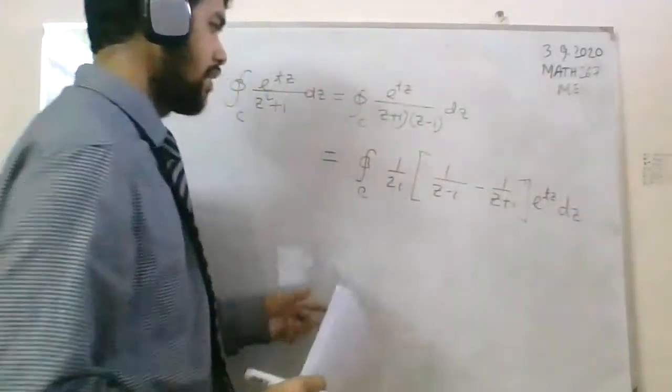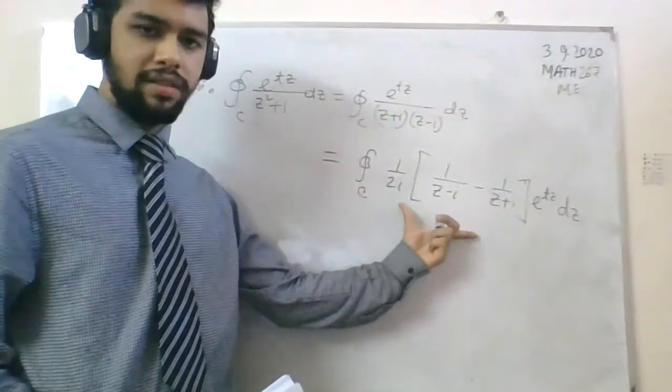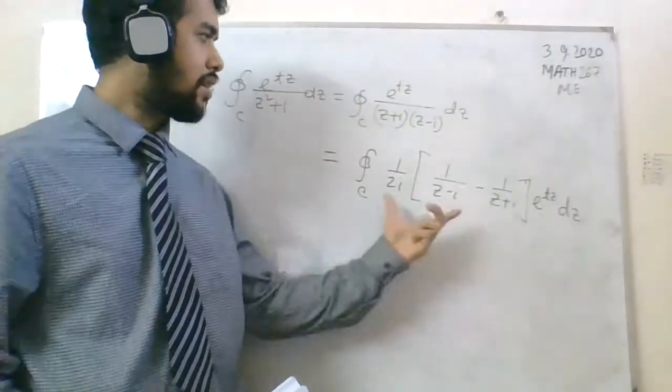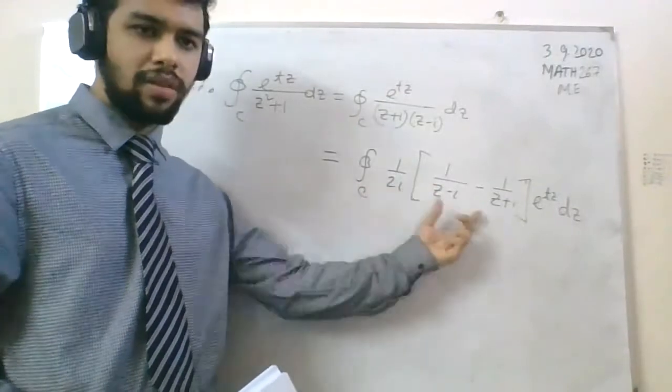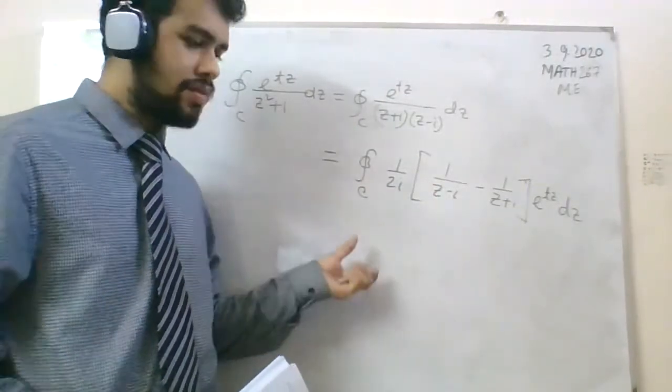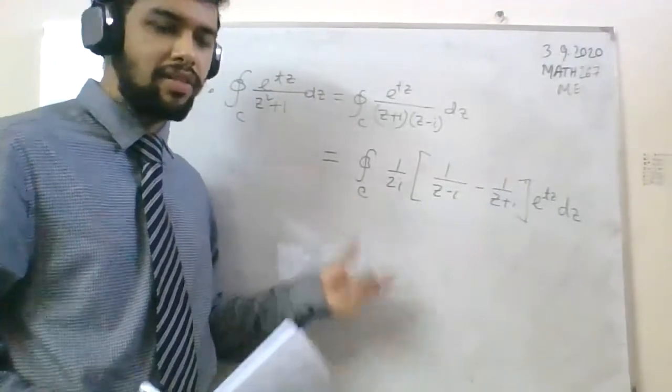So using partial fraction formula, you can get this term, and after that just separate these two things and solve it step by step and you can get your result.